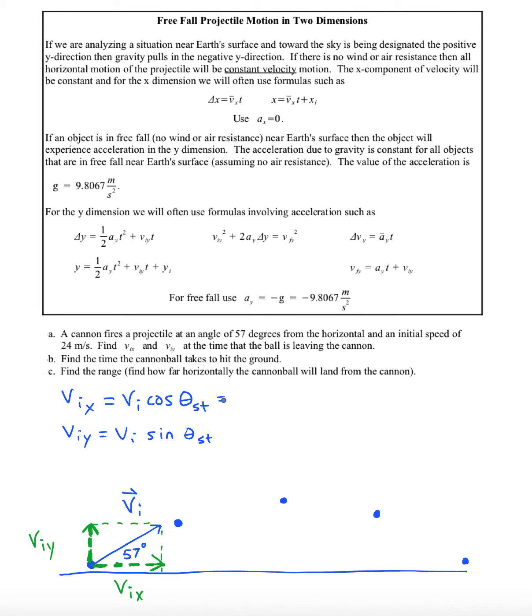Let's plug in the initial speed of the cannonball, 24 meters per second. Cosine 57 degrees. 13.1 meters per second. That's VIX.